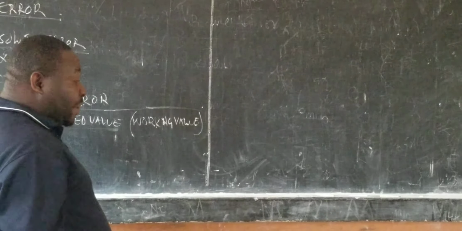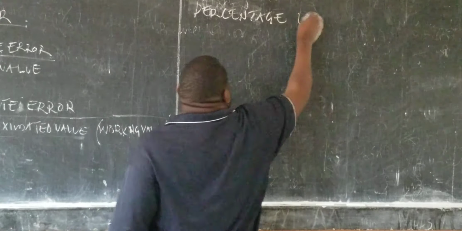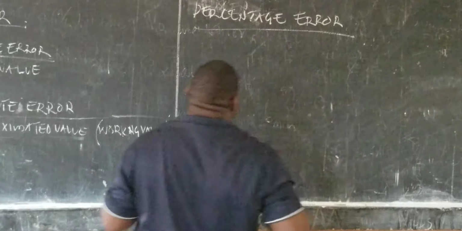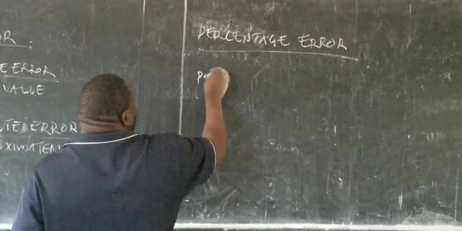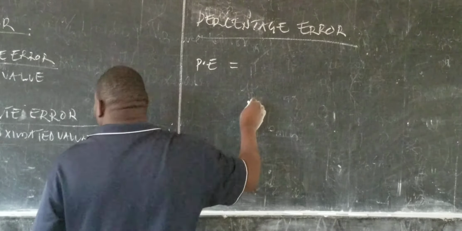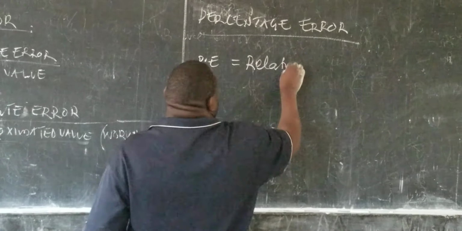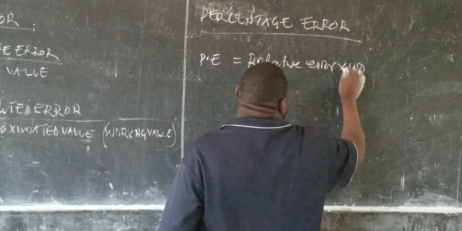So we can also get what we call the percentage error. And the percentage error here is obtained from the relative error times 100.